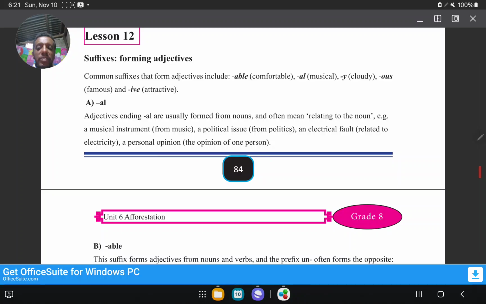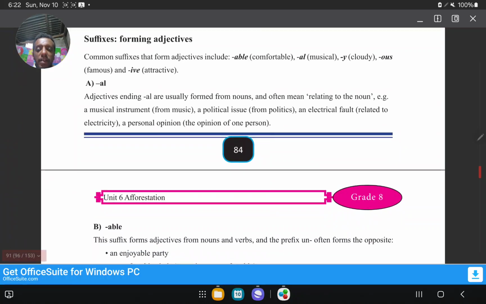Example: a musical instrument from music, a political issue from politics, an electrical fault related to electricity, a personal opinion, the opinion of one person. You see, so this is political for example, yeah, musical, electrical, yeah, political, instrumental. You can practice in this way.